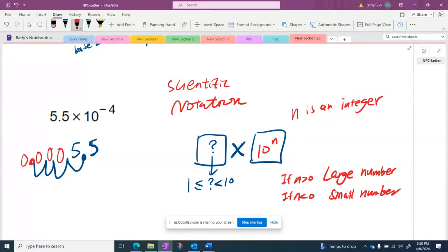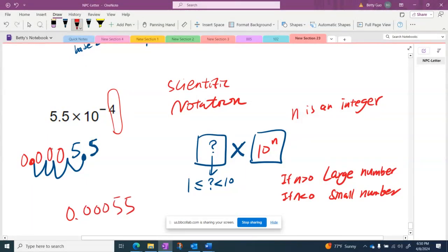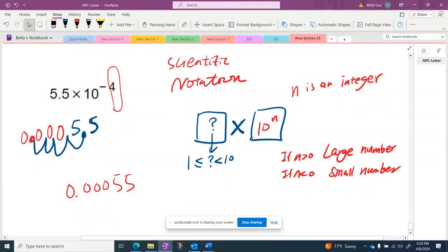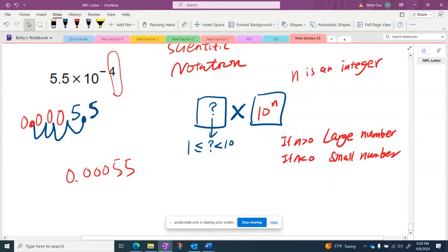Why 4 times? Because the exponent is -4. So the answer is 0.00055. It is a very small number, right? And it has 3 zeros in front of the non-zero digits.